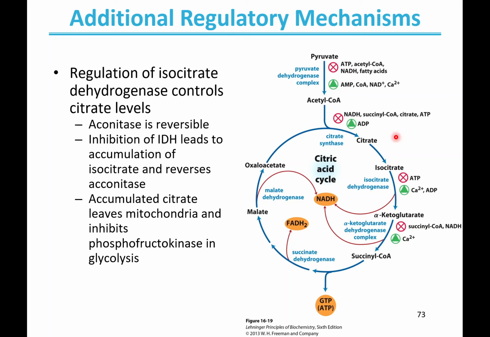When you have a lot of citrate around, that means you don't need to be going through the citric acid cycle, so you don't necessarily want a ton of glucose being wasted, being turned into pyruvate and acetyl-CoA if you have enough energy, so that feeds back and inhibits glycolysis.